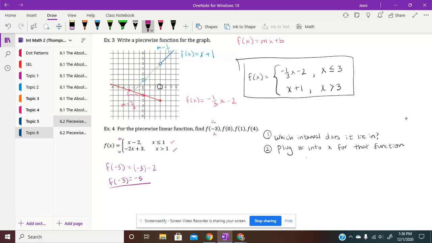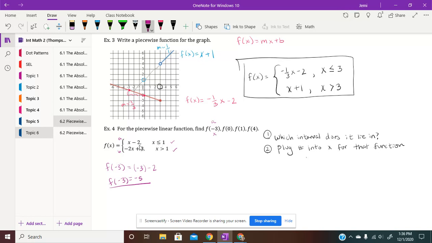All right, so f of 0. Which interval does that fall in, A or B? So I look at the interval first. Here's the 0. Is it true that 0 is less than or equal to 1? Or is it true that 0 is greater than 1? No, it's true that 0 is less than or equal to 1.